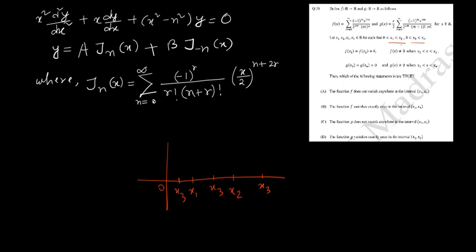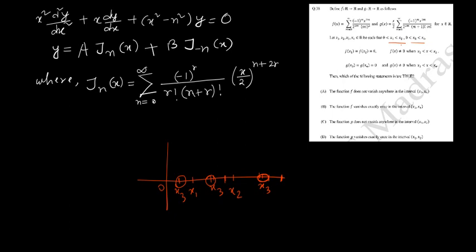If x3 is less than x1, then x4 may be between x1 and x2 or greater than x2. If x3 is between x1 and x2, then x4 will be in this position or greater than x2. If x3 is greater than x2, then x4 will be in this position.